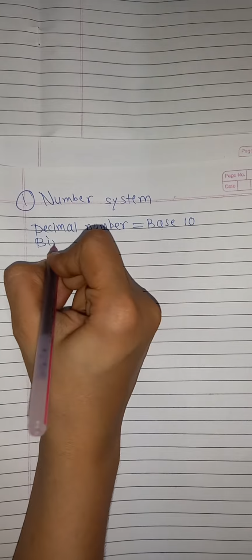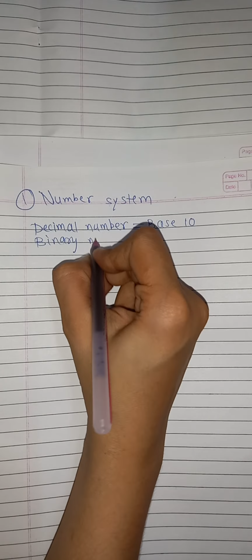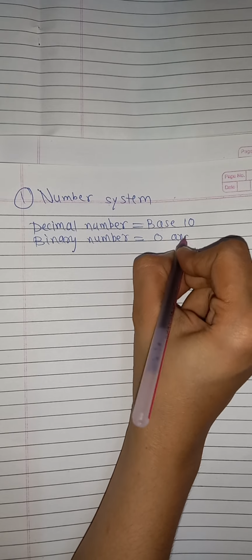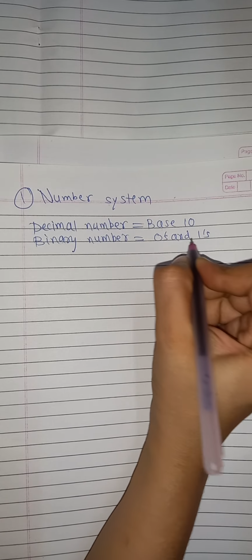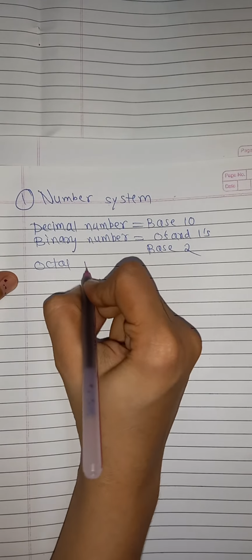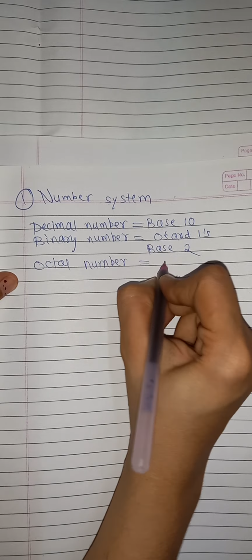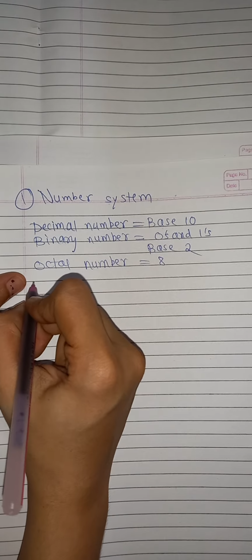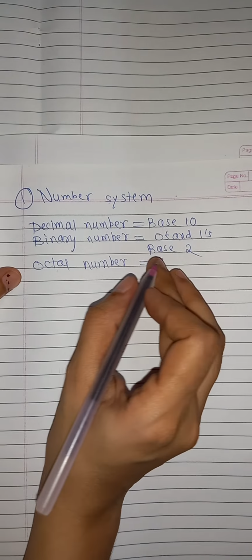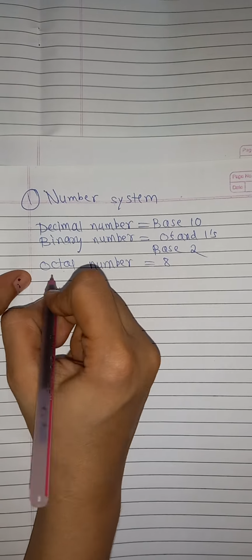Now binary number system means zeros and ones. Only two representations, zeros and ones, and it has base 2. Octal number system has base 8. Octal number system is also like a binary number system, but the base is 8.